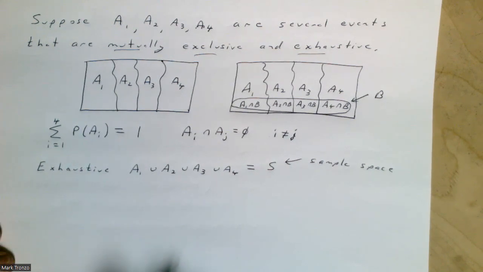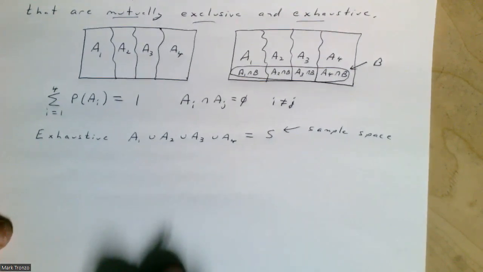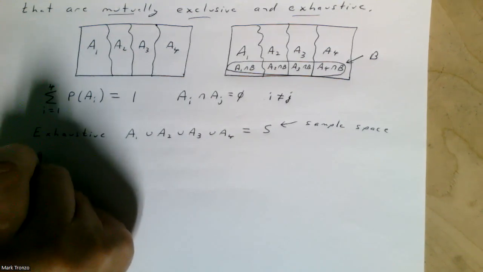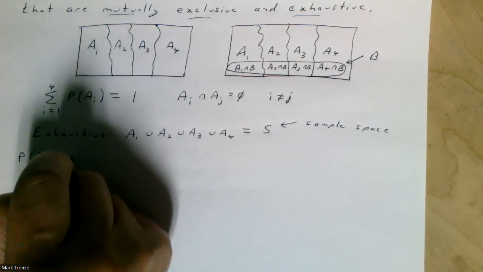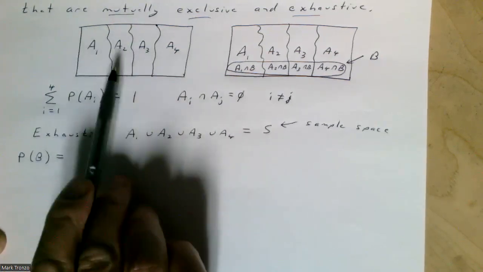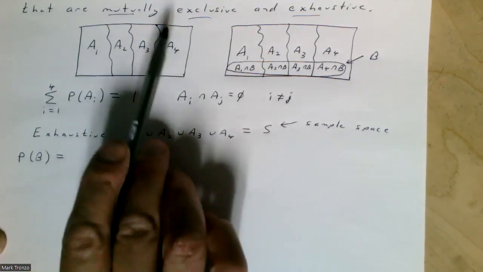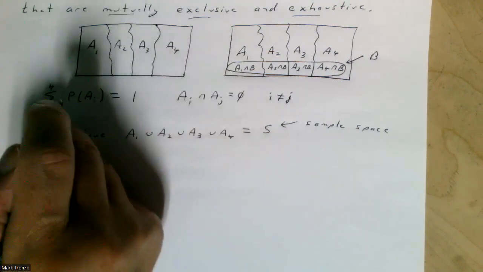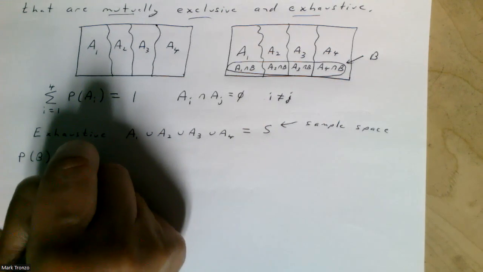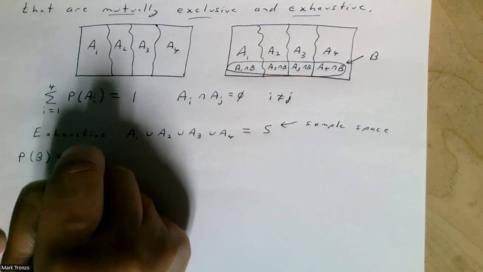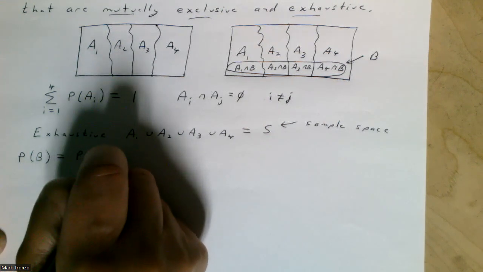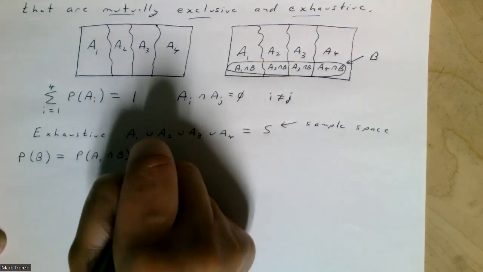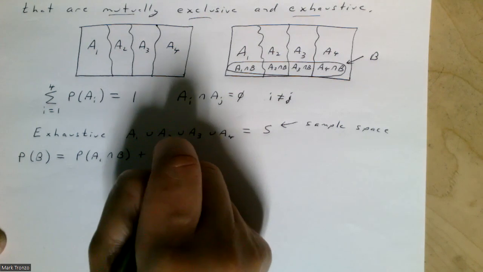Now the total probability rule says this. Similar to what we just did with two sets, because these are mutually exclusive, the probability of B can be broken down into sums.